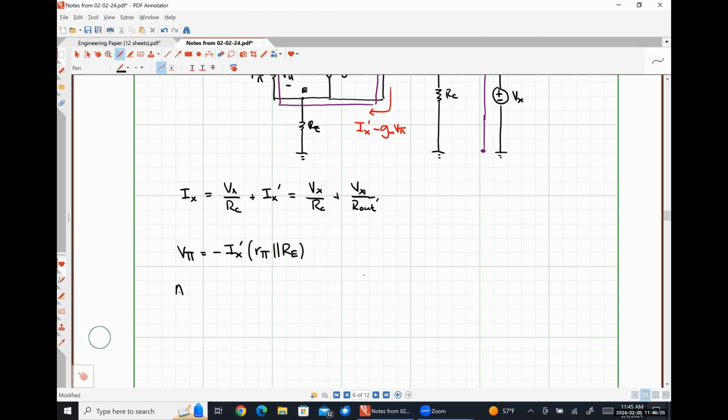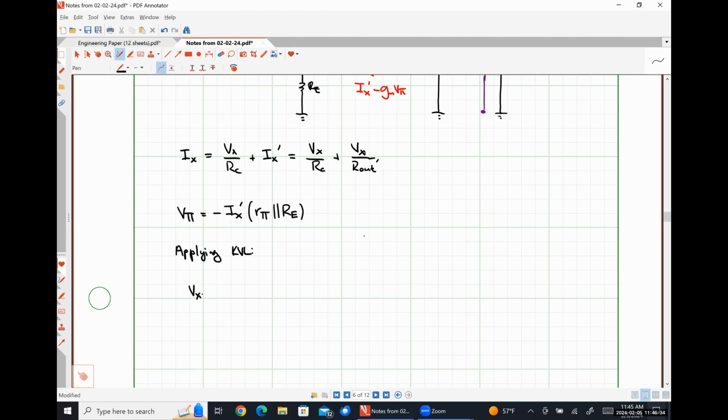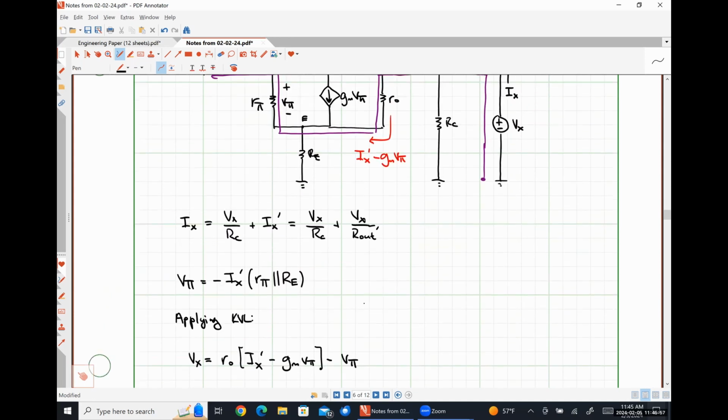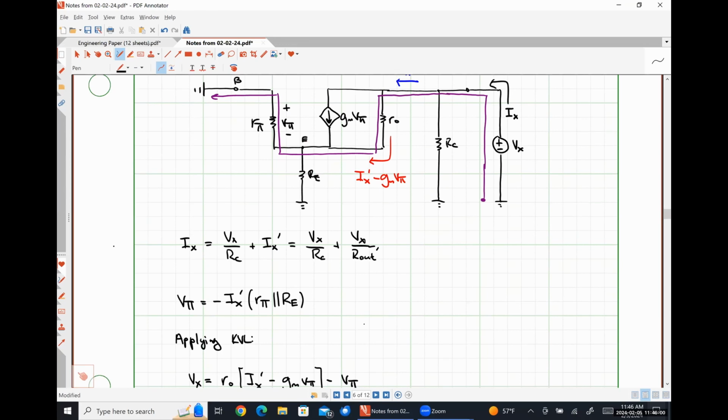Applying KVL, I wind up getting that Vx is equal to r naught times (Ix prime minus gm V pi) minus V pi. Anybody have any beef with that? Literally just saying this voltage drop is equal to this voltage drop plus this voltage drop.